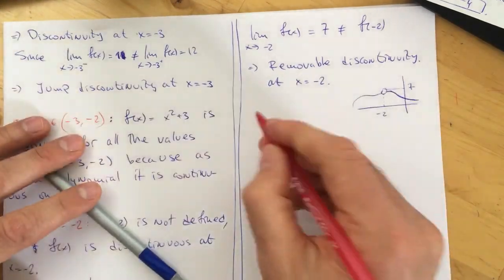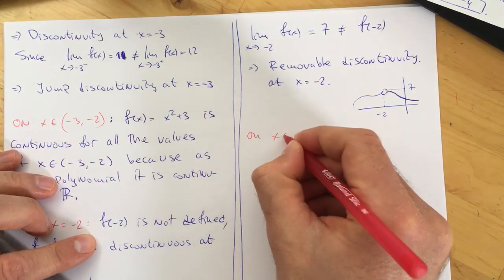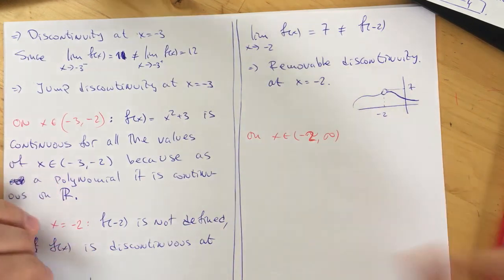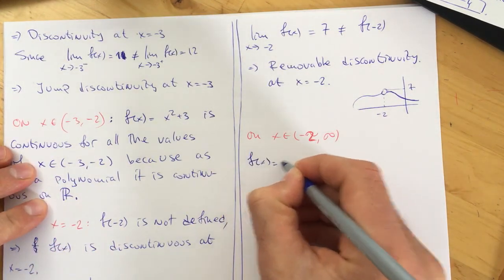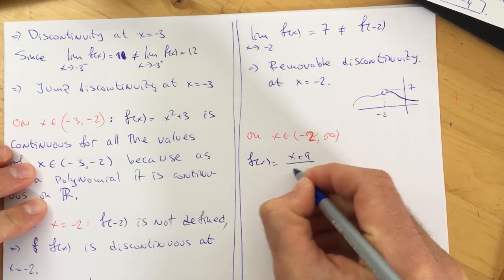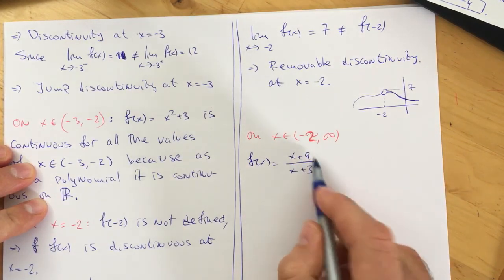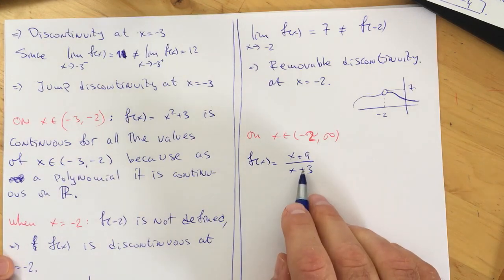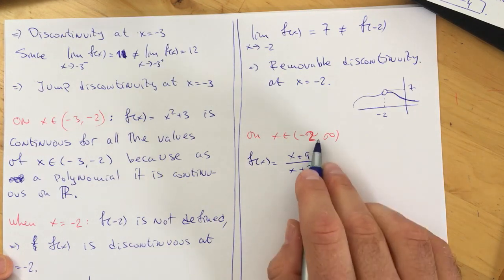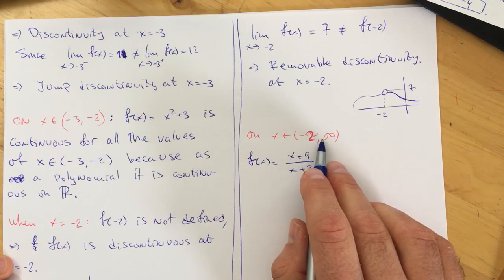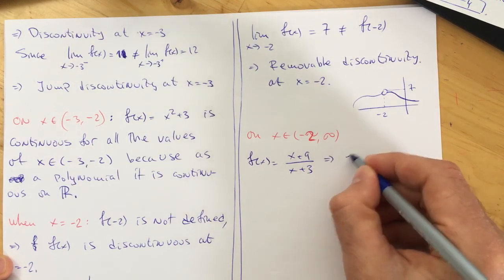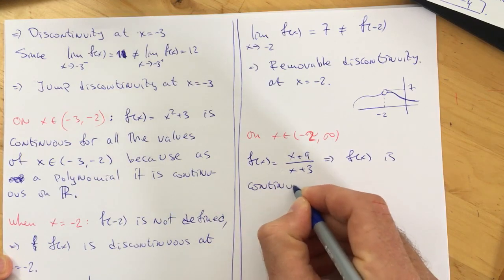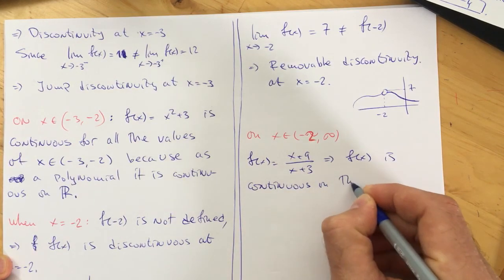So on the interval from negative 2 to positive infinity, f of x is equal to x plus 9 over x plus 3, and this is a rational function, continuous everywhere but at negative 3. But negative 3 is not part of this interval, right? Which implies that f of x is continuous on this interval.